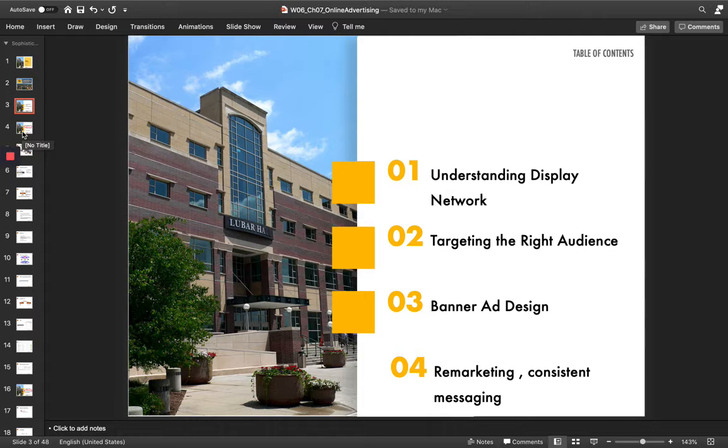In total, there are 4 parts for this chapter to cover. The first part is understanding why we need a display network. And what is a display network? How many parties are in this network, and what's the responsibility of each party? And the second part would be how to target the right audience.